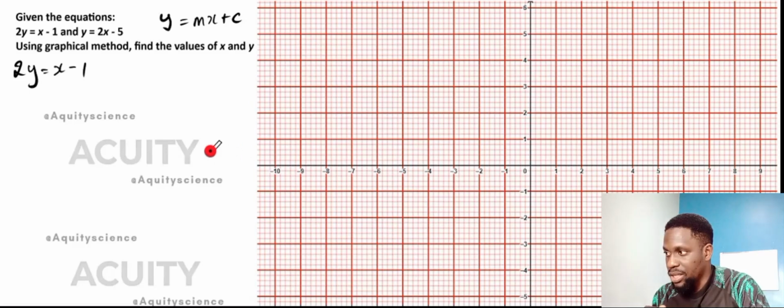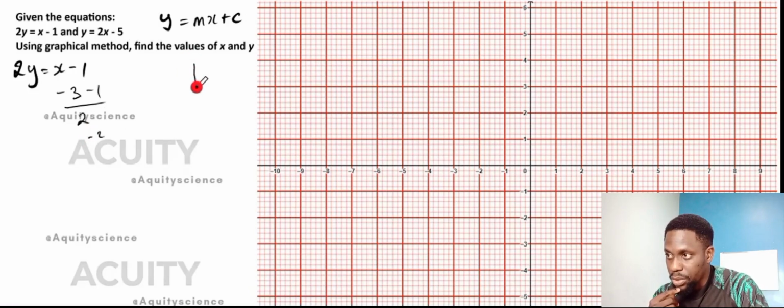For this, let's assume x is minus 3. If I take minus 3, I will have an even number, so I will divide and get a whole number. So minus 3 minus 1 over 2. That's how to find y. This is minus 4 over 2, and that is minus 2.